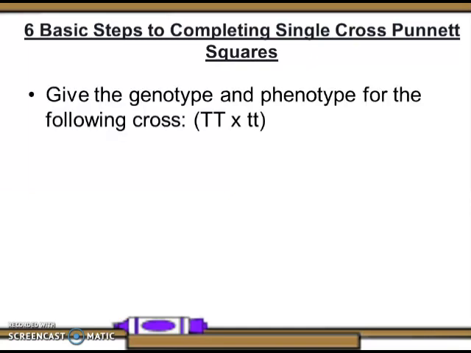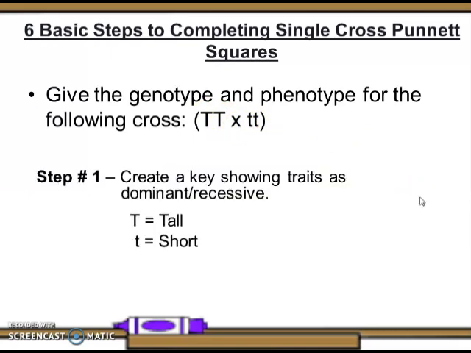In this sample problem, give the genotype and phenotype for the following cross: homozygous dominant cross to homozygous recessive. Step 1. Create a key showing traits as dominant and recessive. So in this example, we have capital T that represents tall and small t that represents short.